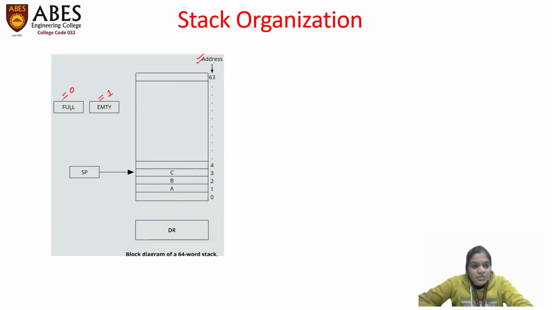At these values, our system will understand that the stack register is available for insertion of data. When the full value is equal to 1 and empty is equal to 0, in this scenario, our system understands that the stack is not available for the insertion of new data.